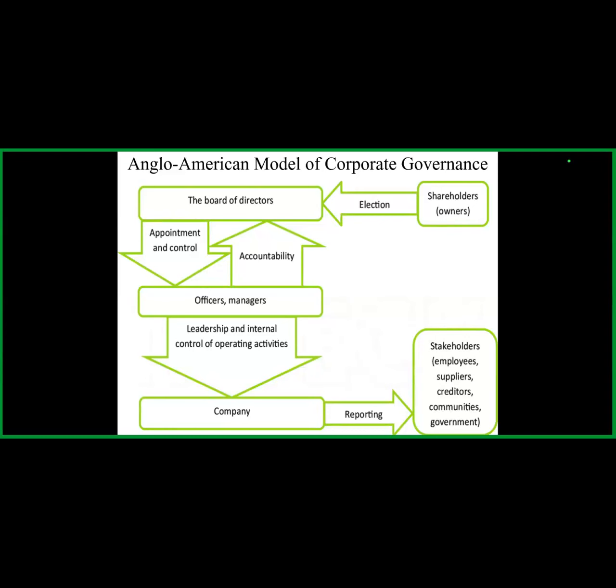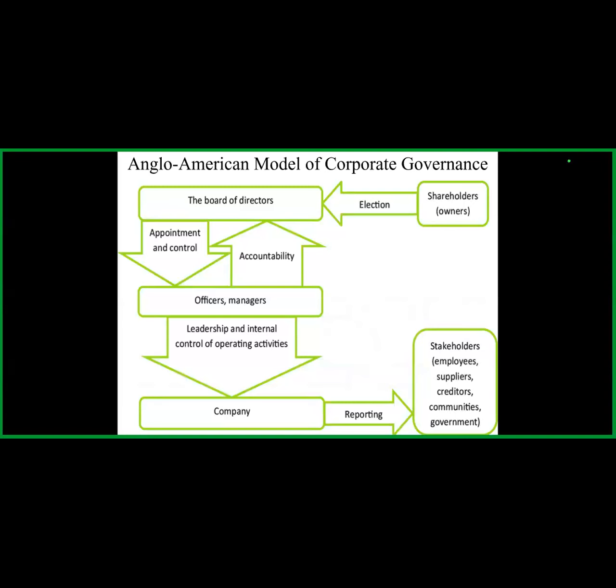All these things come under internal control and operating activities. Day-to-day activities are the responsibility of the managers and executives of the company.